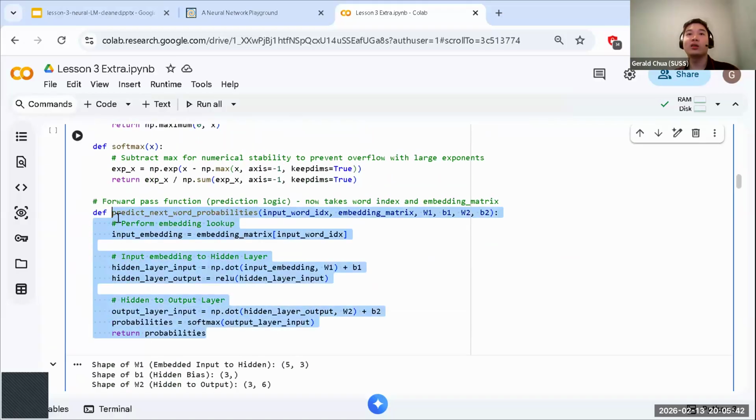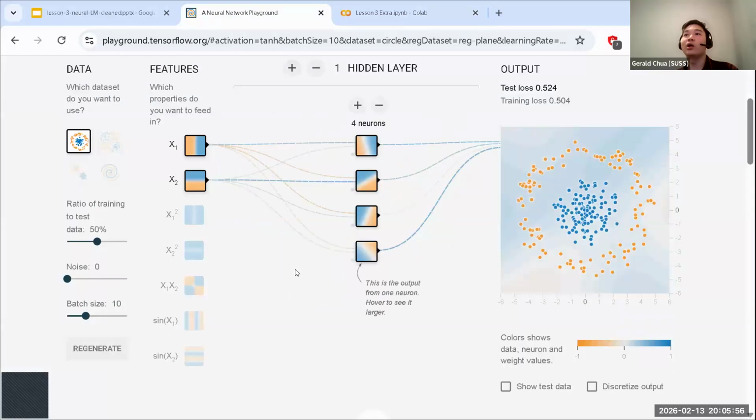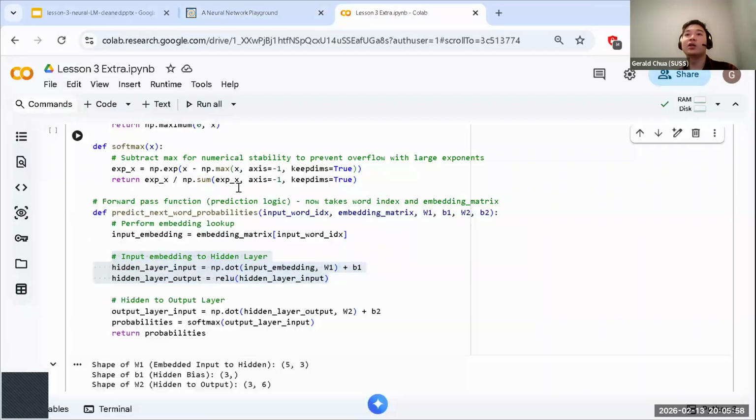So you just need to look at the predict next word probabilities. This part here is the way of predicting and the way of writing a single layer of neurons lah. So a single layer, what it will look like is if there's only one layer, and in the case of here, there is only one layer lah.